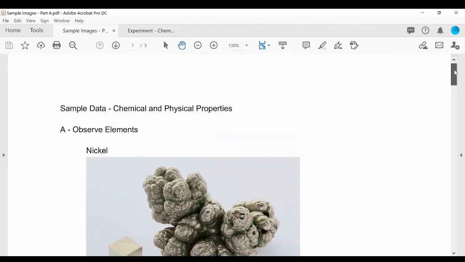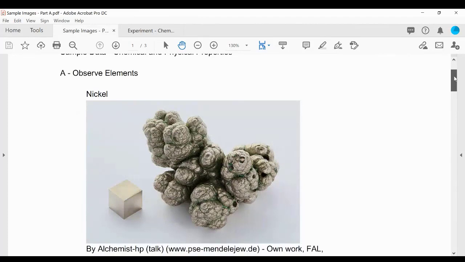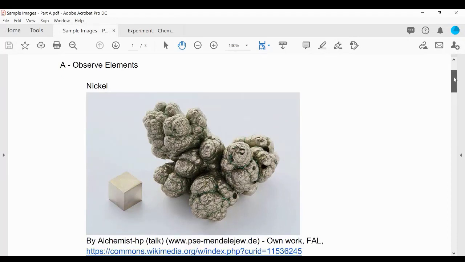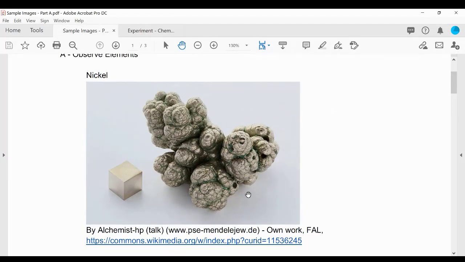So they are showing you, let's say, this first element, nickel. You will have to complete by observing this element: what is the color, whether it's a metal, whether it's solid, basically how it looks.